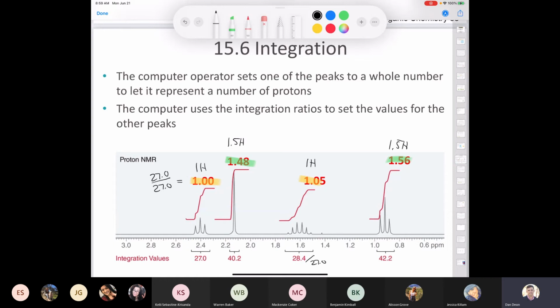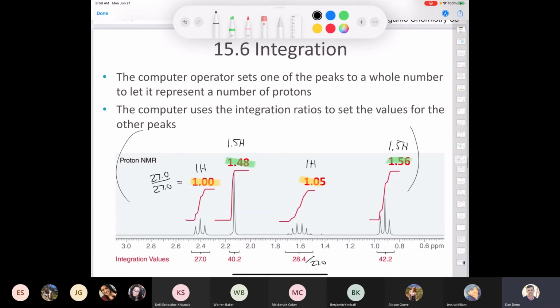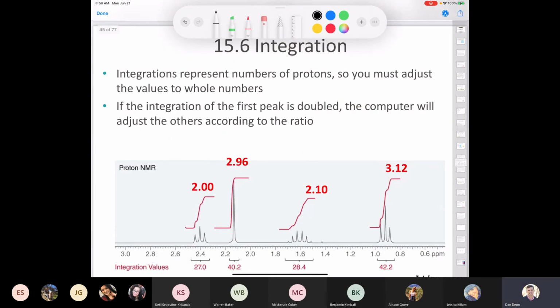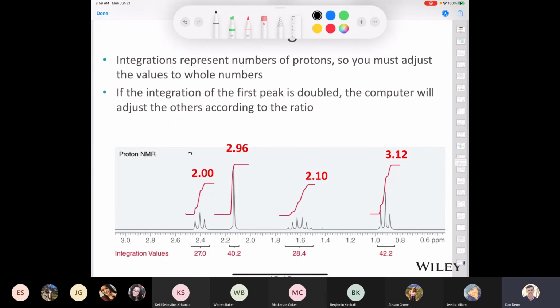So what would you do to change all these numbers to whole numbers? Can anybody tell me the easiest thing I could do to manipulate all of these numbers at the same time and change them all to a whole number? I'd multiply them by what? Exactly, you'd multiply them all by 2. If you took every number in here and multiplied it by 2, you end up with something that looks more reasonable.